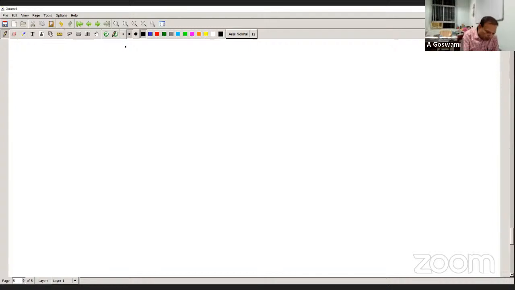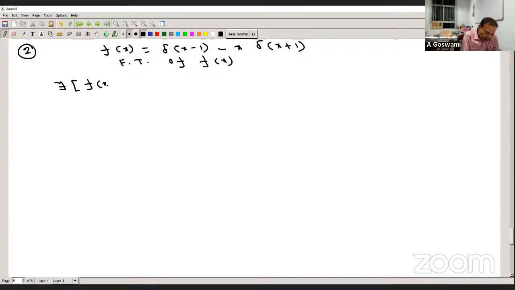Question 2 is f x equals delta x minus 1 minus x into delta x plus 1, and you have to find out the Fourier transform of f x. So the Fourier transform of f x, from the definition, is 1 by root 2 pi into integral from minus infinity to infinity f x into e power i alpha x dx.